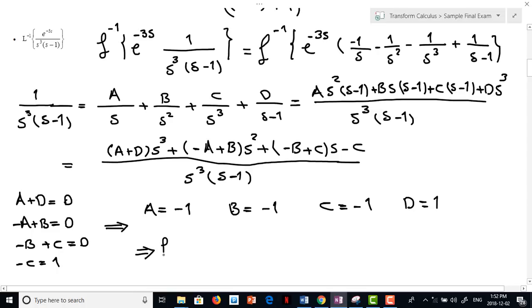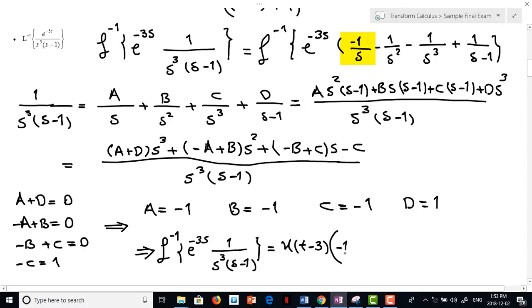It means that the Laplace inverse of e to the power of minus 3s times 1 over s cubed times (s minus 1) is equal to the unit step function u(t minus 3) times, so the Laplace inverse of 1 over s is 1, so we have minus 1. The Laplace inverse of 1 over s squared is t. They are all in the table of Laplace transforms, so as a result it's minus (t minus 3).